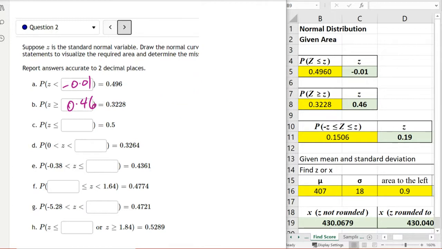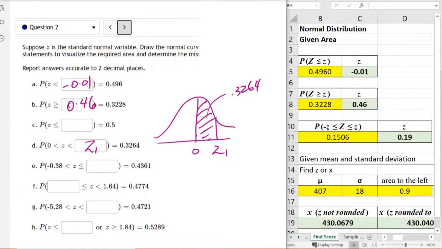Now for part D, we call this Z1 here. We're looking for Z1 here such that the area between 0 and Z1 is 0.3264. Okay, so that's what we know, and we're looking for the corresponding Z1 score.